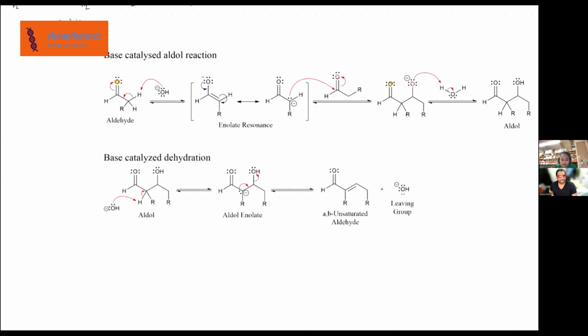So the base-catalyzed dehydration. We start from that aldol, and a base removes the alpha hydrogen. This alpha hydrogen is between, I guess, one is an alcohol group and the other is a carbonyl, but that's a weakly acidic hydrogen there.